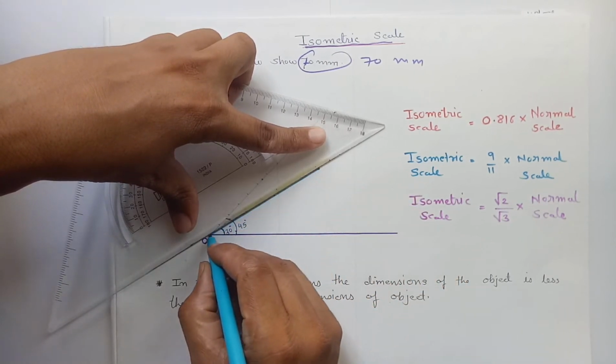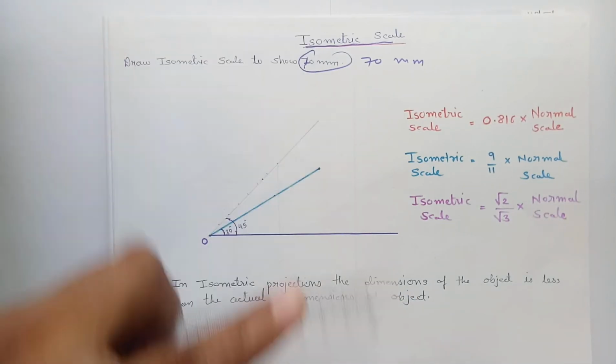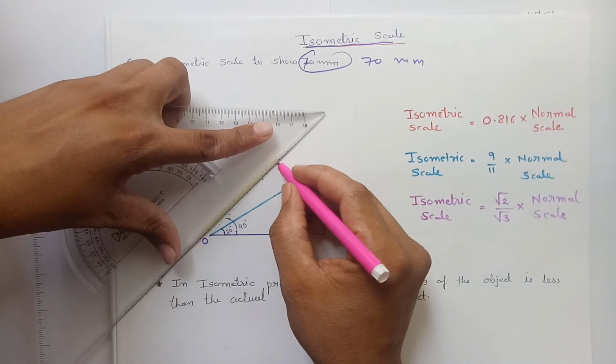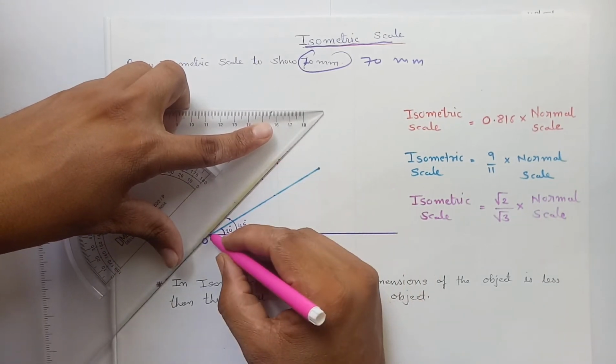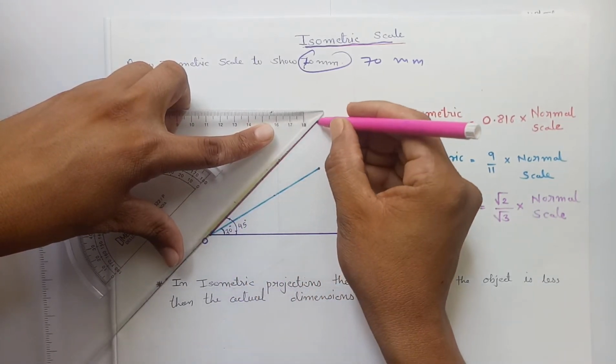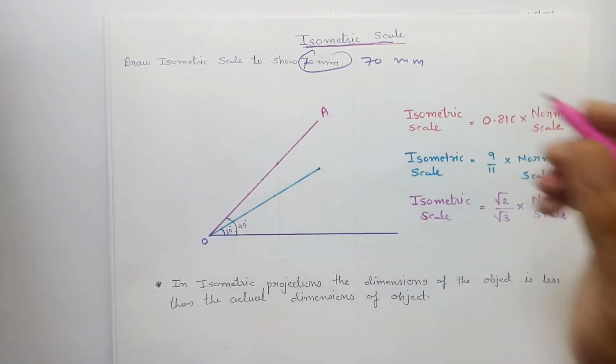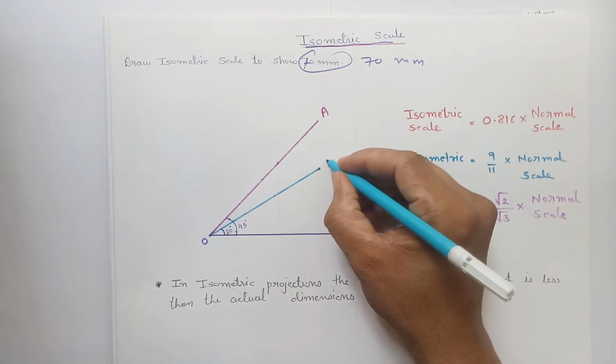So this is 30 degrees, and draw another line inclined at an angle of 45 degrees, which we have already measured. So this is the 45 degree angle. Let us say that this is OA and this is OB.